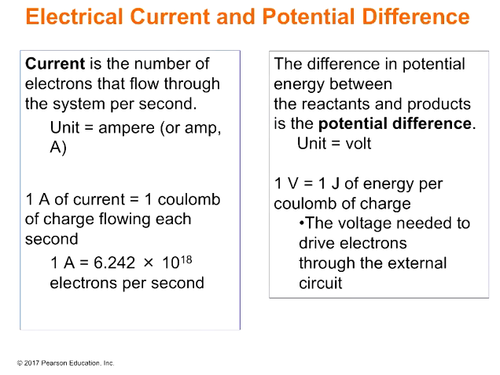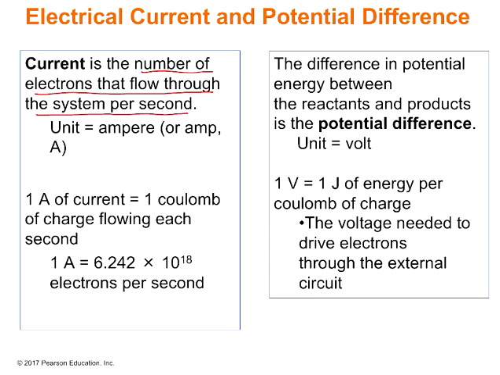So hopefully this is starting to all come together a bit. Just a couple of technical things. We said that we have an electrical current running through the electrochemical cell, or the voltaic cell. Current is the number of electrons that flow through the system per second.